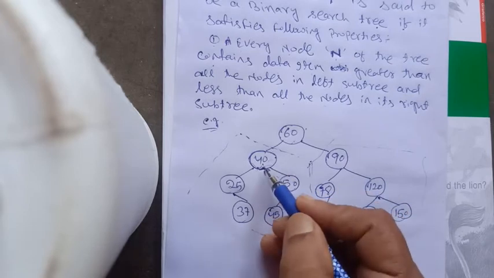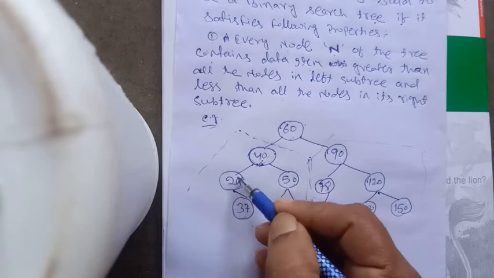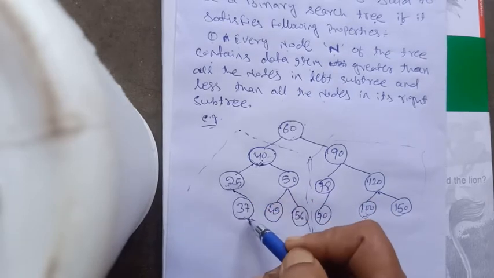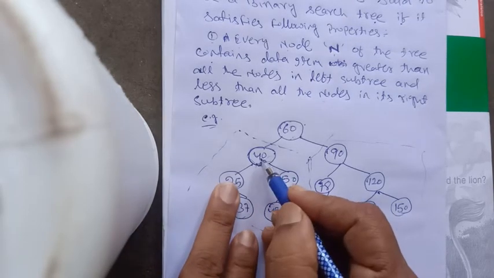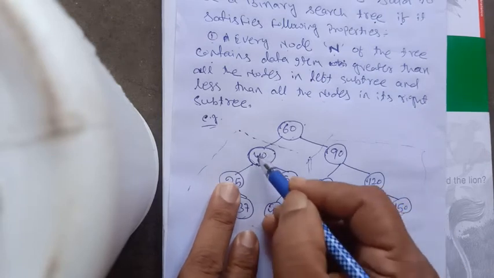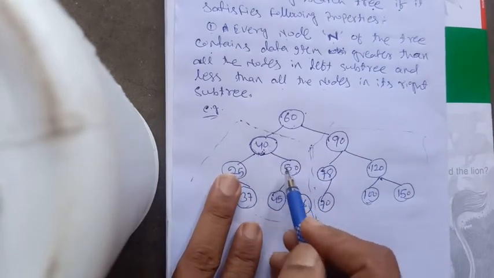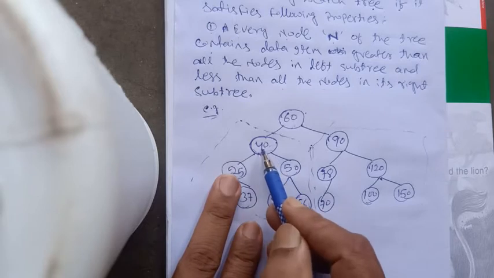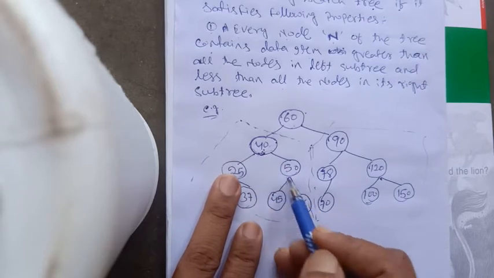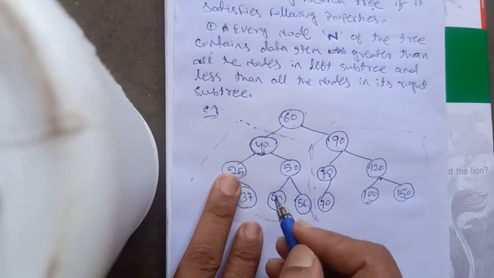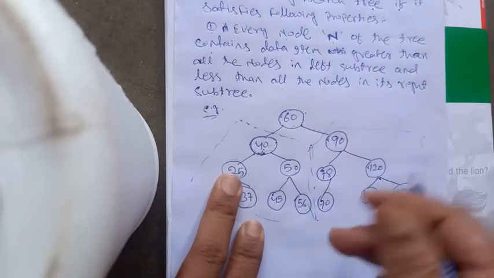See, the nodes present in the left of 40 are 25 and 37. Similarly, whatever nodes are present in the right of 40 must be greater than 40, but they must be less than 60. Why less than 60?